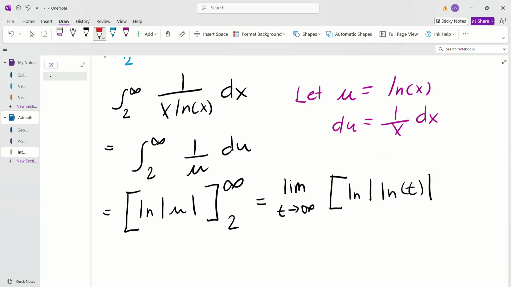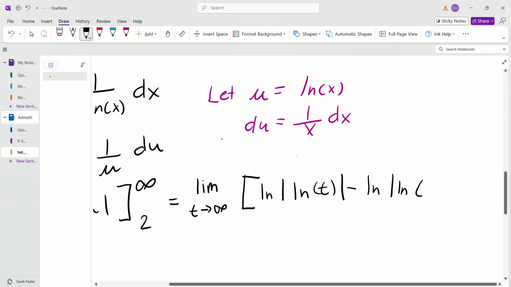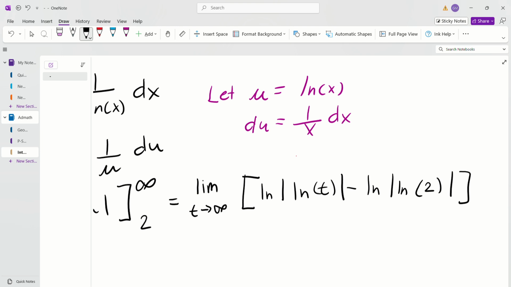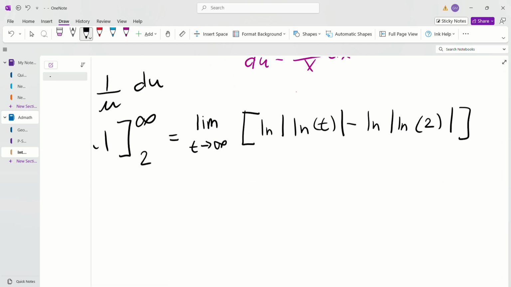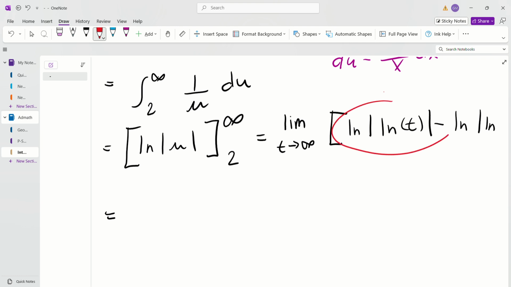Next, minus ln of 2. If we evaluate the first term, the answer is infinity.